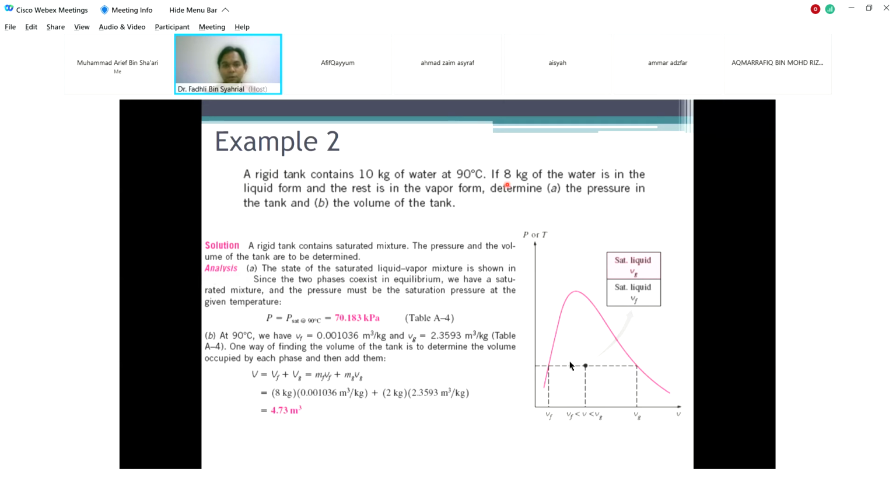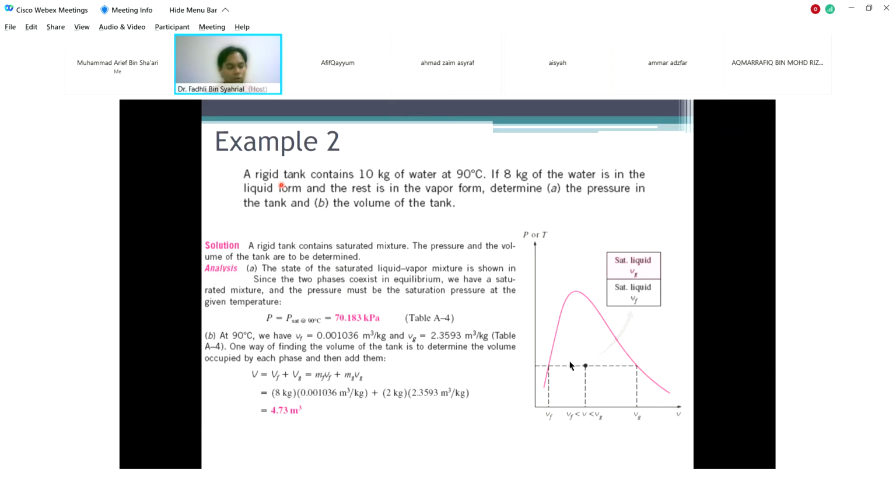In this case, the first information is rigid tank. Rigid tank means the tank is fixed, with no inlet and outlet. So in this case, the initial volume and final volume are identical, and M1 and M2 are also identical. They are fixed because it is a rigid tank with no inlet and no outlet.